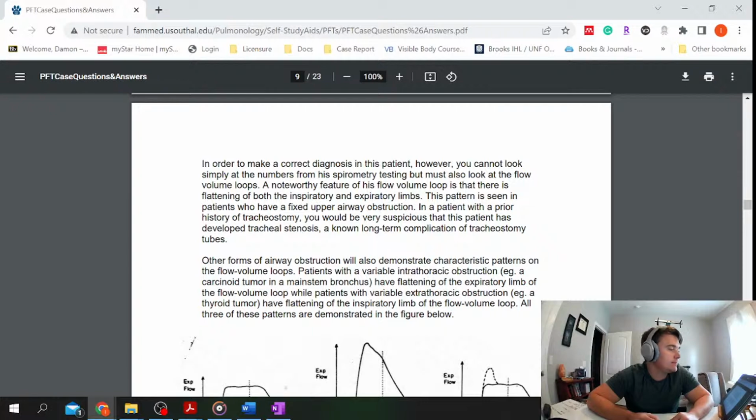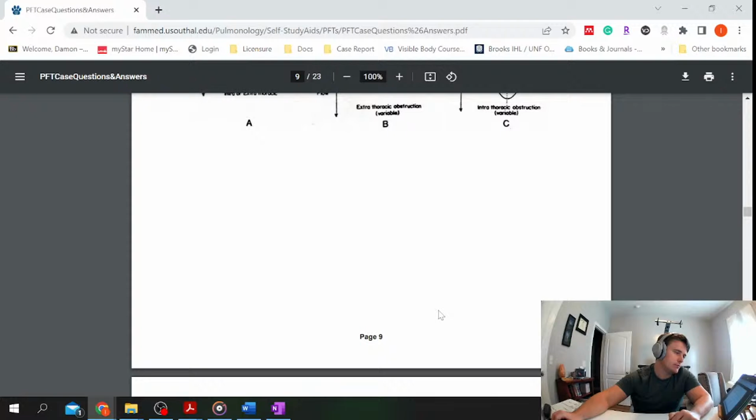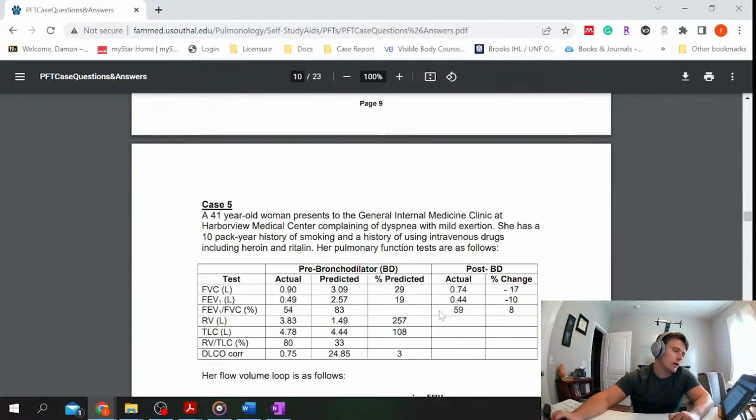That's a good way to put it. So that goes in a little bit more detail than what we'd ever need to go into. But I think you've got it. So this is a new one.